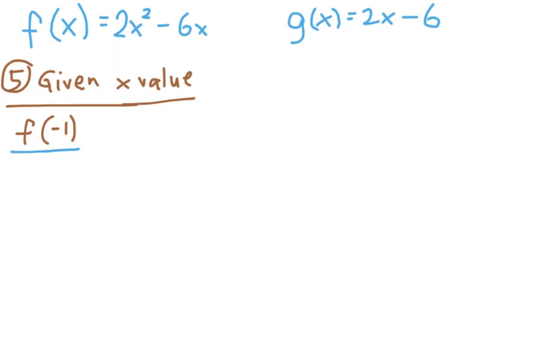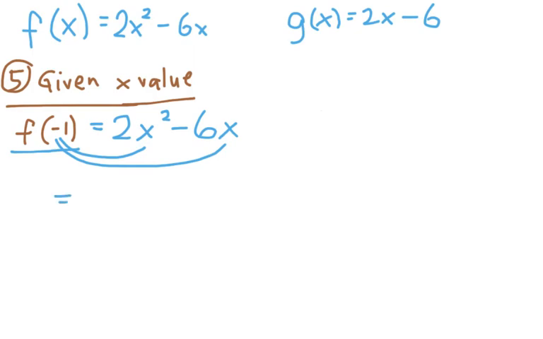The function f that we have is 2x squared minus 6x. So we substitute negative 1 into all the x that we have. So we have 2, then x, which we substitute with negative 1, then squared.